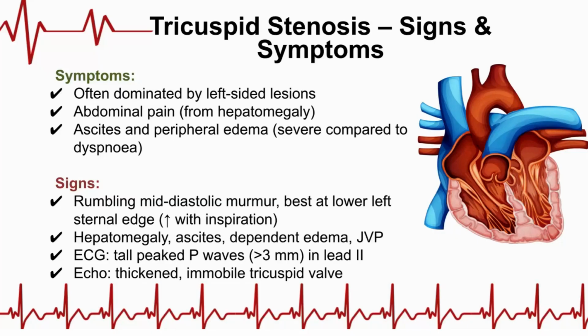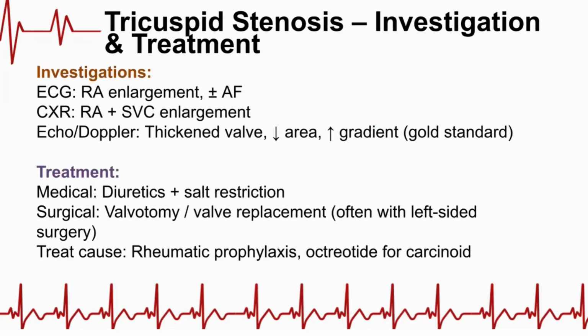It's my favorite test to find out the compliance or the competence of these valves. In the echo, you might see a thickened, immobile tricuspid valve because of stenosis. But don't forget your basic investigations like ECG and chest X-rays, because they give a very good baseline of what's going on.